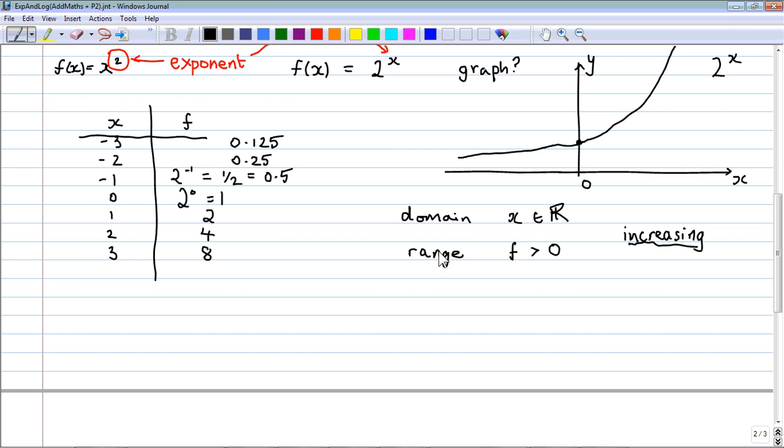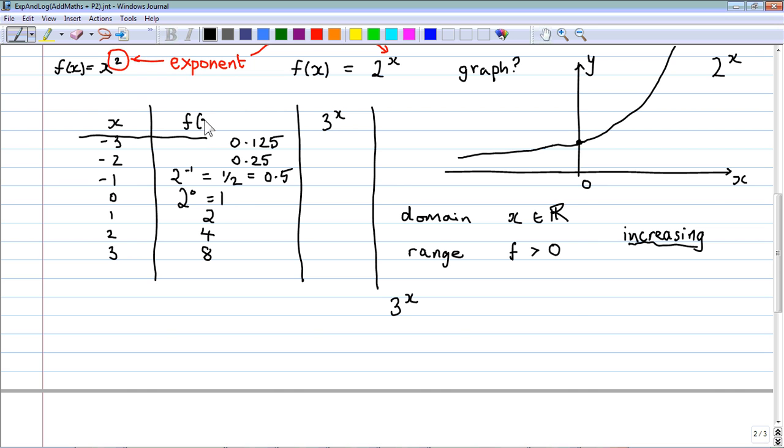And you should notice that this would also be true if we changed 2 to 3. If we wrote a function 3 to the x, how would all this stuff change? Well, basically, these numbers would be bigger. If I perhaps do a third column, so let's try and draw columns here.